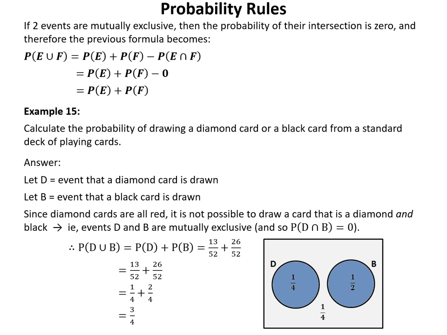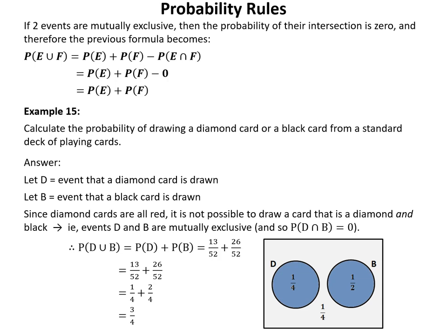In other words, events D and B are mutually exclusive. And so the probability of D intersection B equals 0. Therefore, the probability of getting a diamond or a black card is equal to the probability of getting a diamond plus the probability of getting a black card.